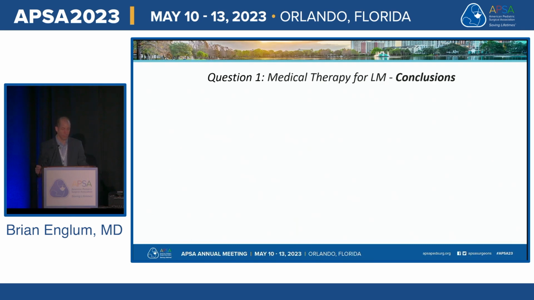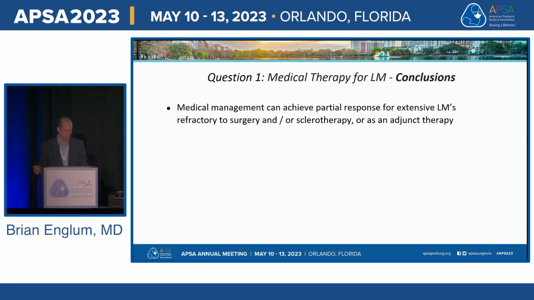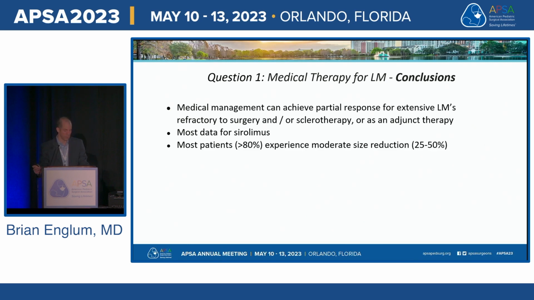So in conclusion, for our systemic medical therapy, medical management can achieve partial response for extensive lymphatic malformations that are refractory to surgery or sclerotherapy. The most robust data is available for sirolimus, but TJ28 may be an interesting area for future research.